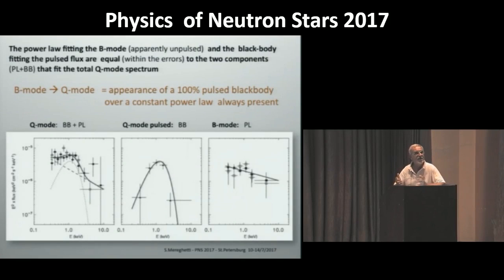And this, of course, is very interesting because it seems to require something quite drastic to happen in these objects. You have a new component that suddenly appears or disappears when the pulsar switches between the two different radio states.